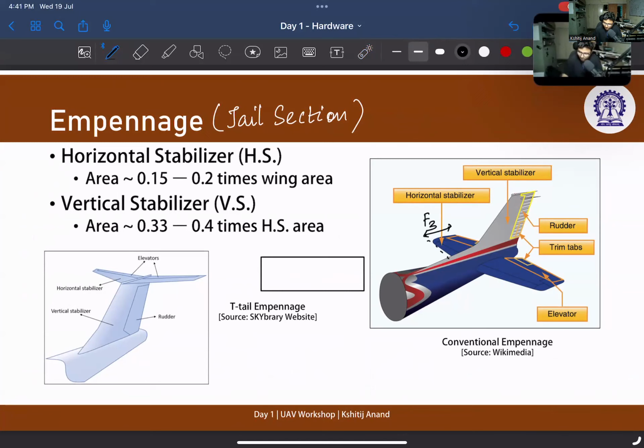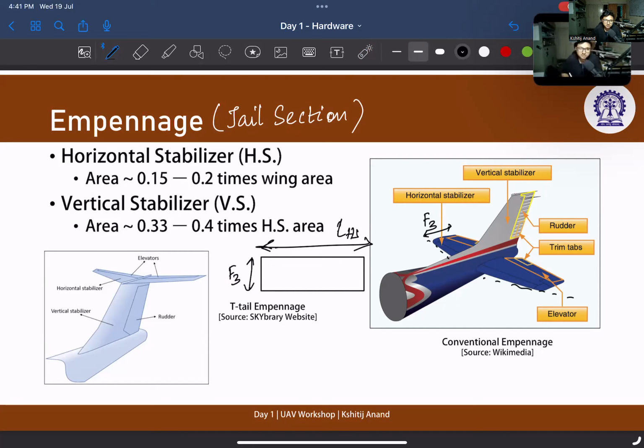When you foray into advanced RC aircrafts, you can understand how sweep and taper improves the performance. But right now, we know F3, and the thumb rule is that the area of the horizontal stabilizer should be 15 to 20% of the wing area. So now you know the area, so you can determine the width of the horizontal stabilizer by dividing the area of the horizontal stabilizer by F3.